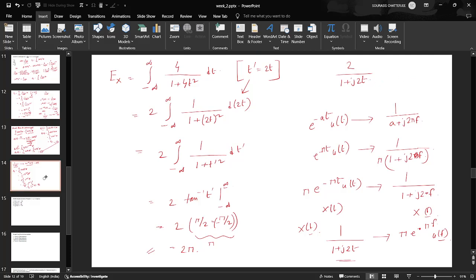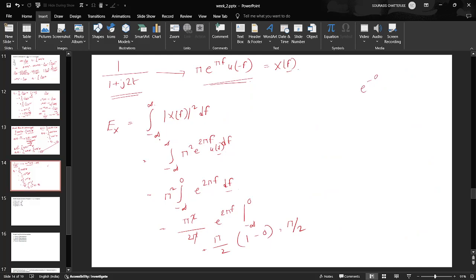Just let me compute the Fourier transform of e to the power minus at u of t. E to the power minus at, e to the power minus j 2 pi ft dt, minus infinity to infinity.